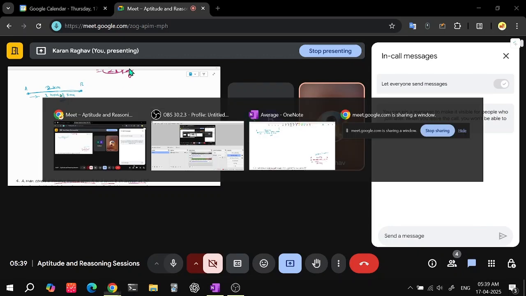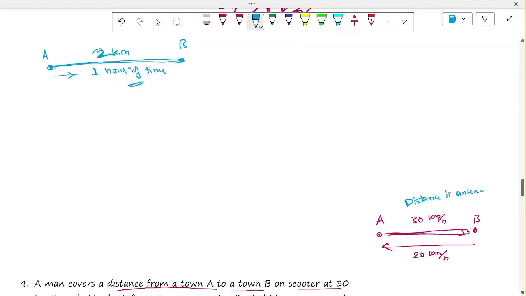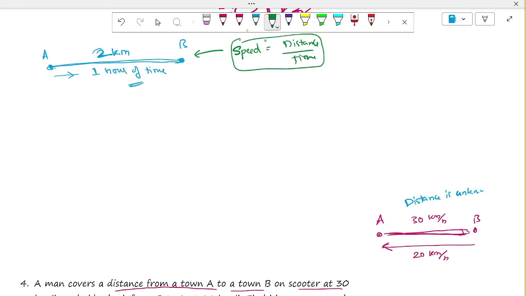So what is speed? You know the formula: speed is equal to distance by time. But we'll not go with the formula now. We'll just keep it reserved.